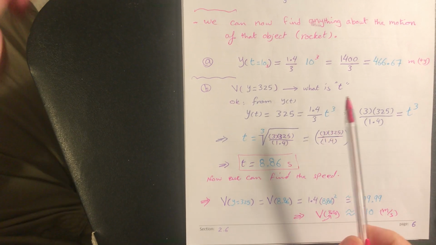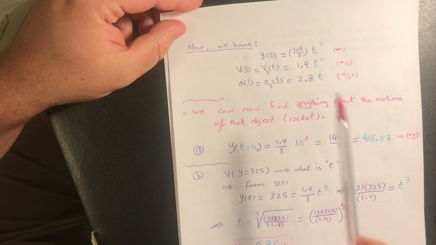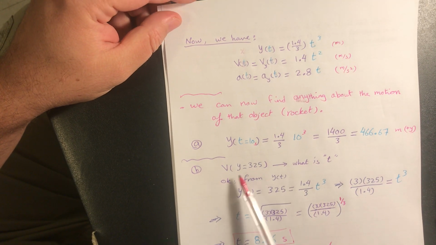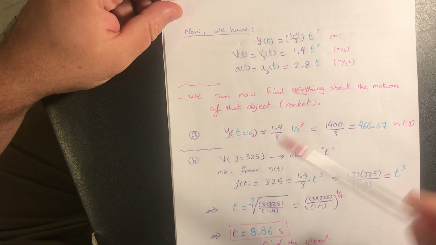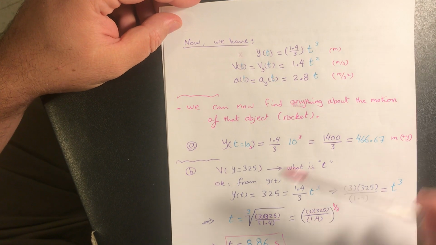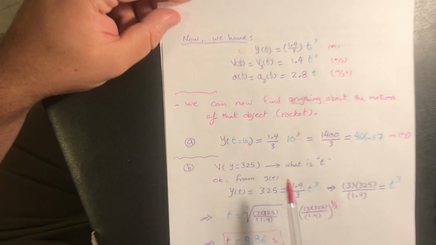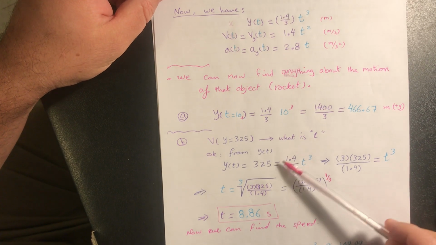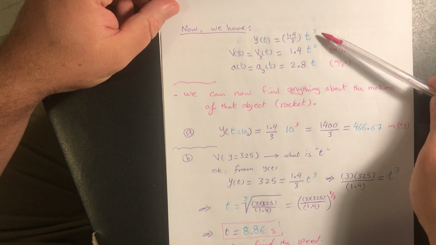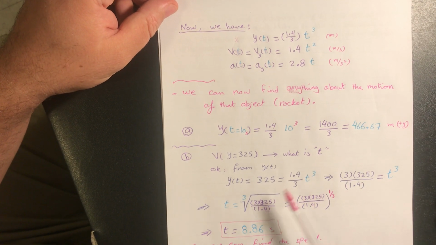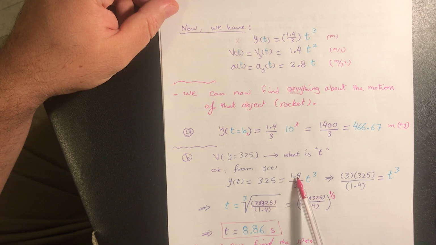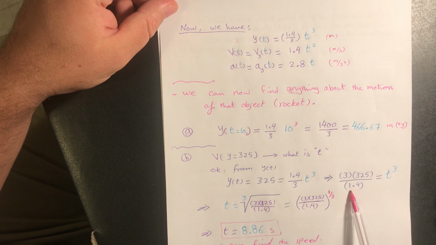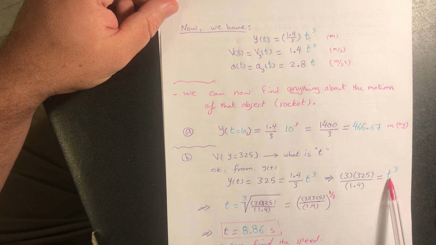What is t? We have v as a function of t, but not as a function of y. From the y function, we can find t. We know y is equal to 325, which is equal to 1.4 over 3 t cubed. Now, multiply by 3 and divide by 1.4, and it will be equal to t cubed.